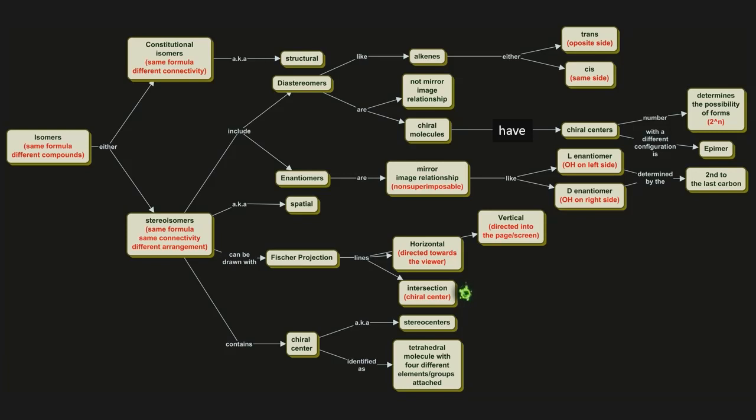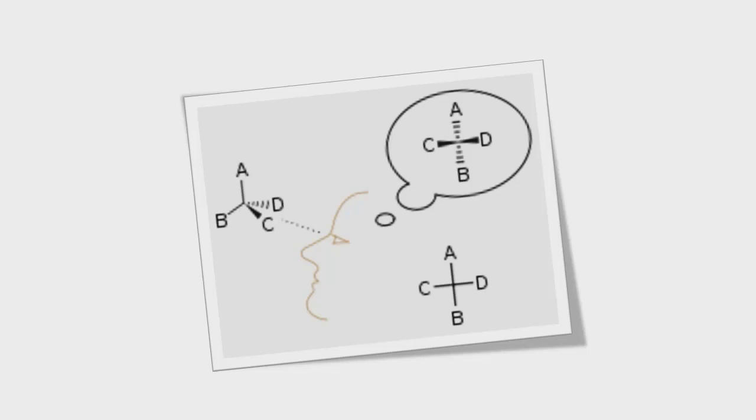This intersection simply represents where the chiral center is found, or the stereocenter. Supposing this is the molecule, the middle is the chiral center, meaning the cross section is actually the chiral center.